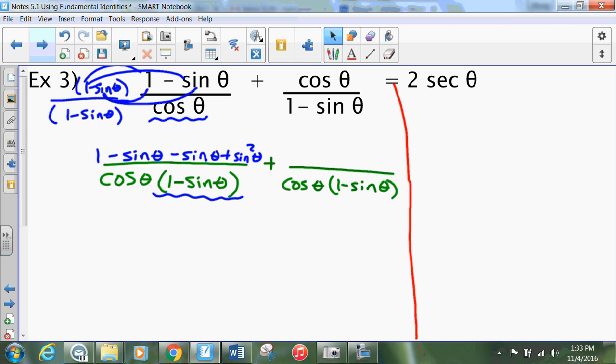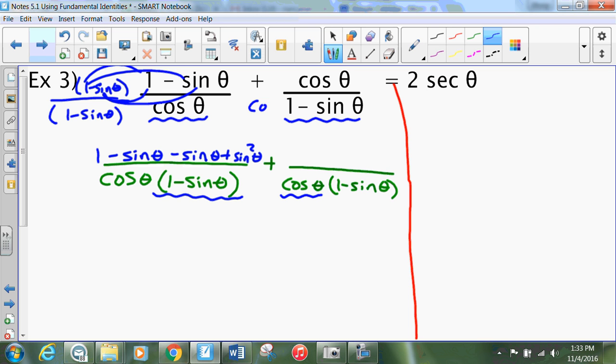Same thing with this fraction over here. I already had the 1 minus sine theta as part of my denominator, but I did not have the cosine theta, which means I multiplied the denominator by cosine theta. To keep the integrity of the original value of this term, I have to also multiply the numerator by cosine theta.